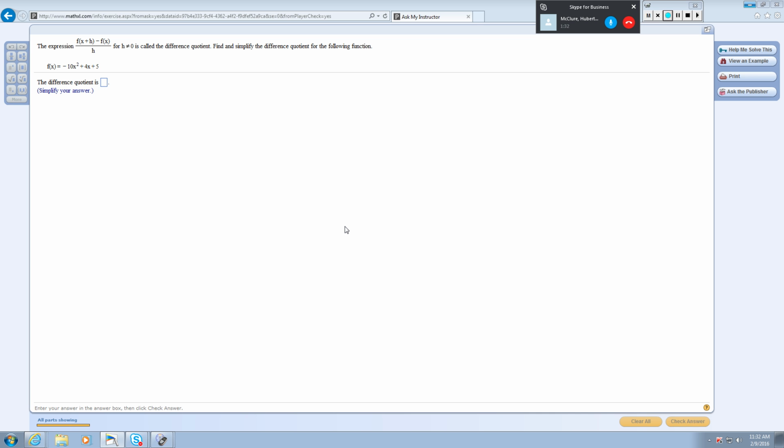Anywhere there's an x, you're going to have to put a big set of parentheses. You put those in brackets and then subtract the trinomial and then start combining like terms.